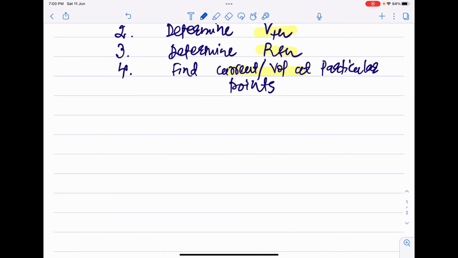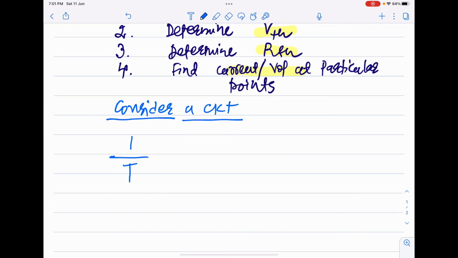So let us consider a circuit. Suppose I will consider a simple circuit. Suppose we have been given a battery of 12 volt, and suppose there are resistances such as a 2 ohm resistance.